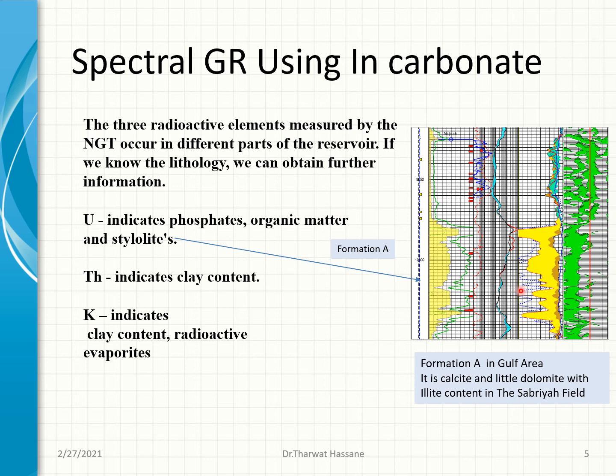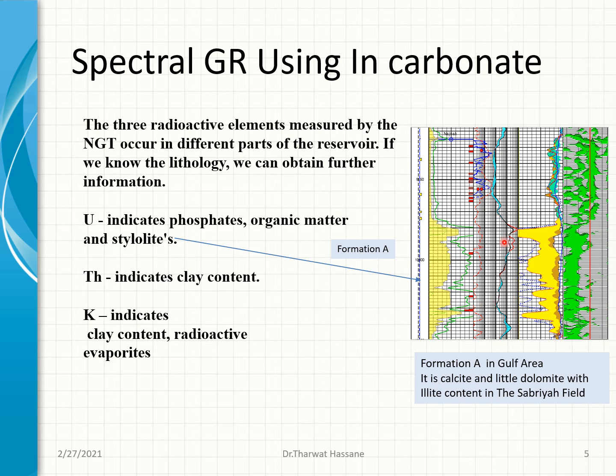This is one example showing you the spectral gamma ray. You can see here this is the gamma ray value, and here is the CGR value, and you can see the separation between both of them. It is like the uranium effect in this case, which is an indication for the source rock.